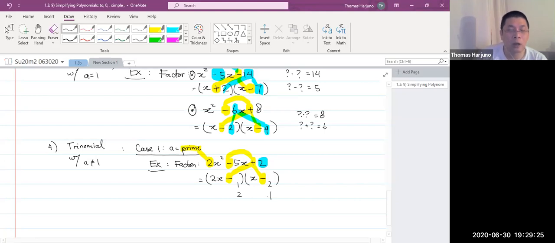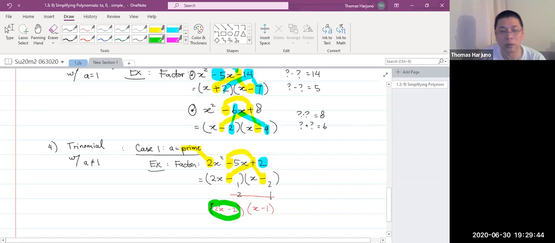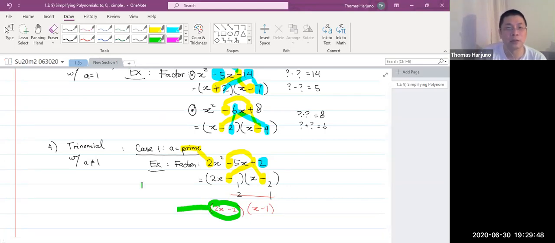Okay, but in this case, I can cancel this right away. This won't be the answer. I can cancel that right away. Why, Thomas, do you know that that one is wrong? Because of the following. If this were the answer, notice that you have common factor 2 here.